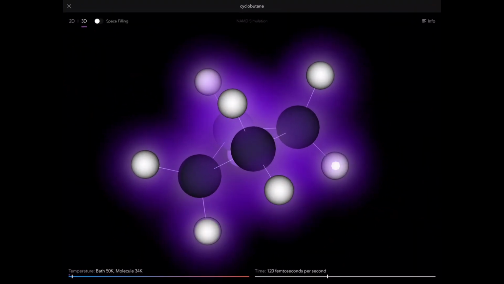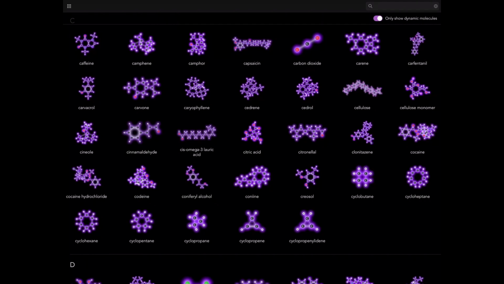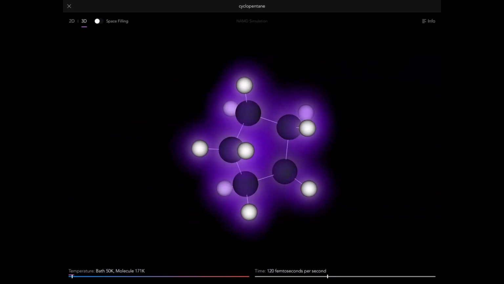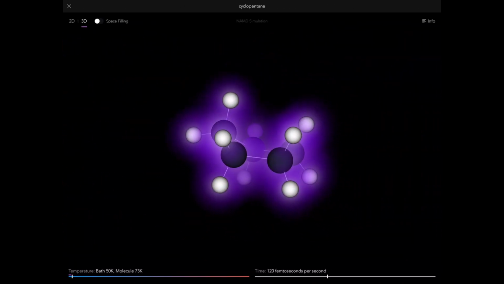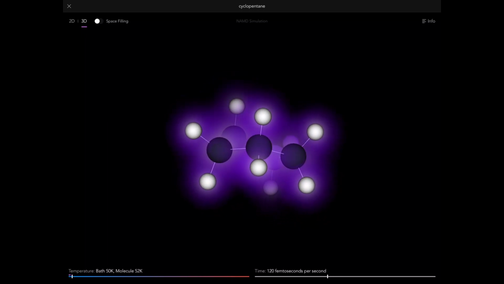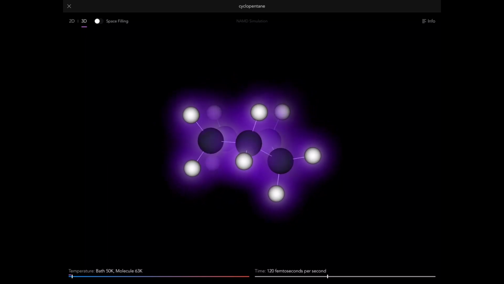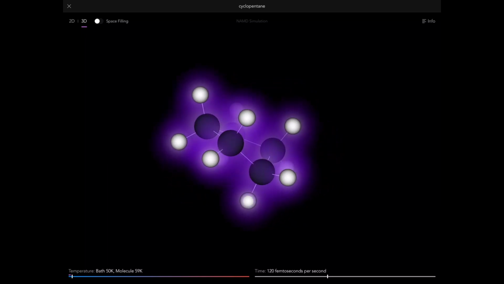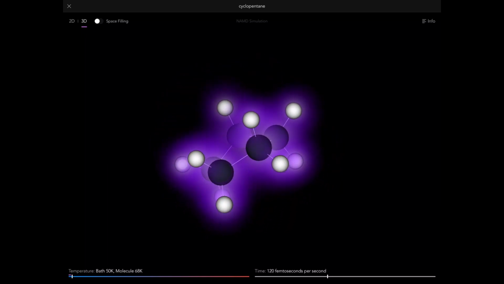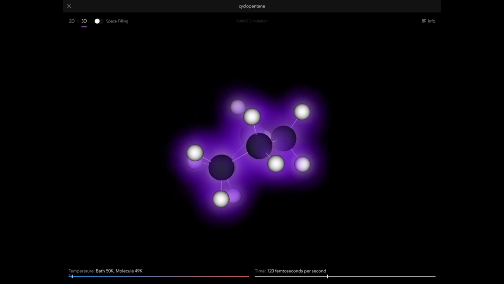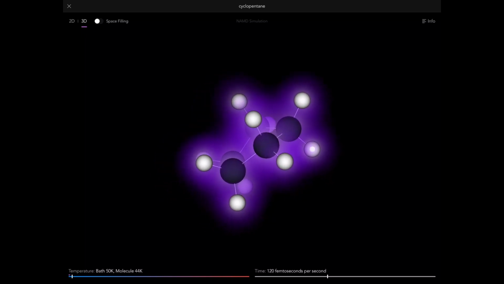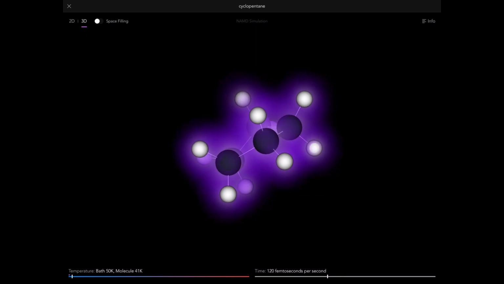Here is cyclopentane, if they have it for us. Yep. So looking at that, you can see in the front are the 3 carbons that are basically in the same plane. Hold on. And then the one in, oh, you can't even see.